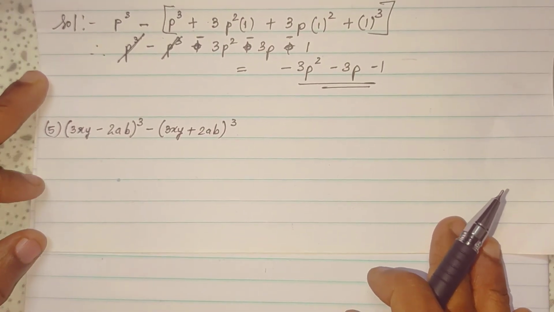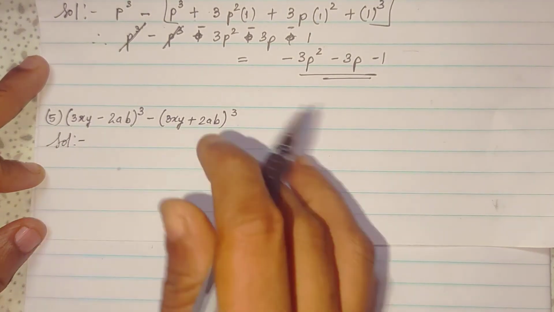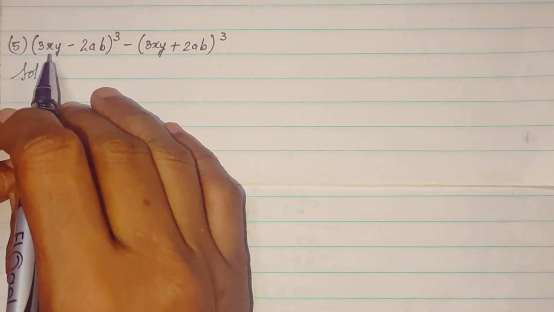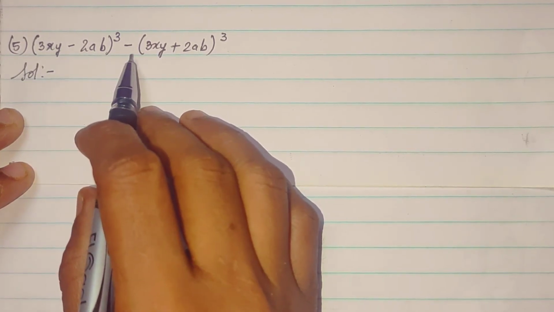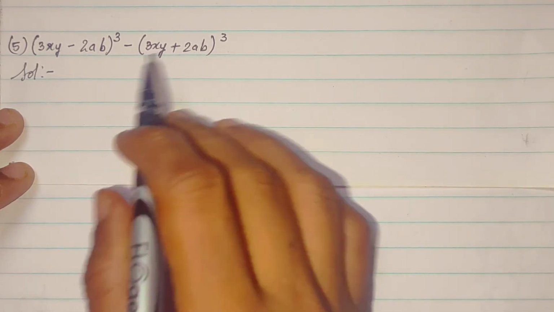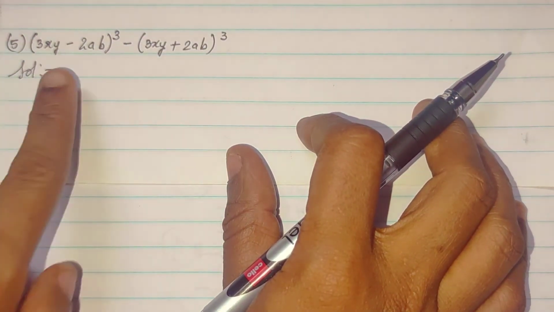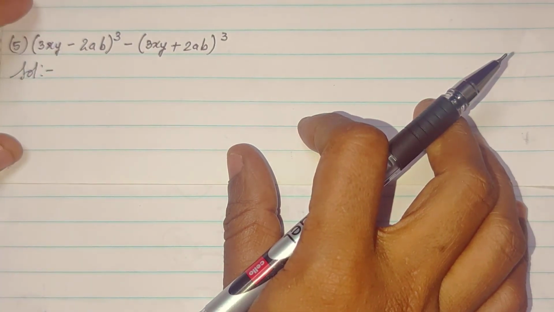Now the last sum. Fifth sum: (3xy minus 2ab) the whole cube minus (3xy plus 2ab) the whole cube. Now see, here cube and here also cube. So we will take this one term as a and this as b.